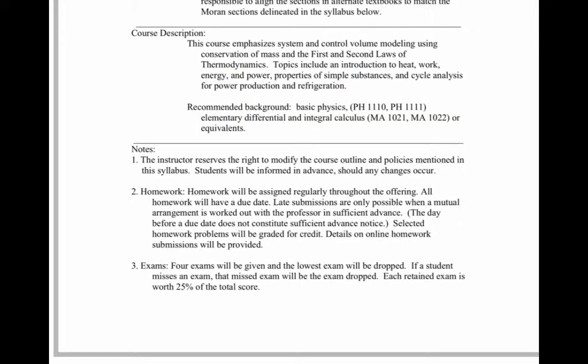So, our course description. Thermodynamics is going to emphasize system and control volume modeling. We're going to do the first and the second law of thermodynamics. The first law of thermodynamics is the conservation of energy.